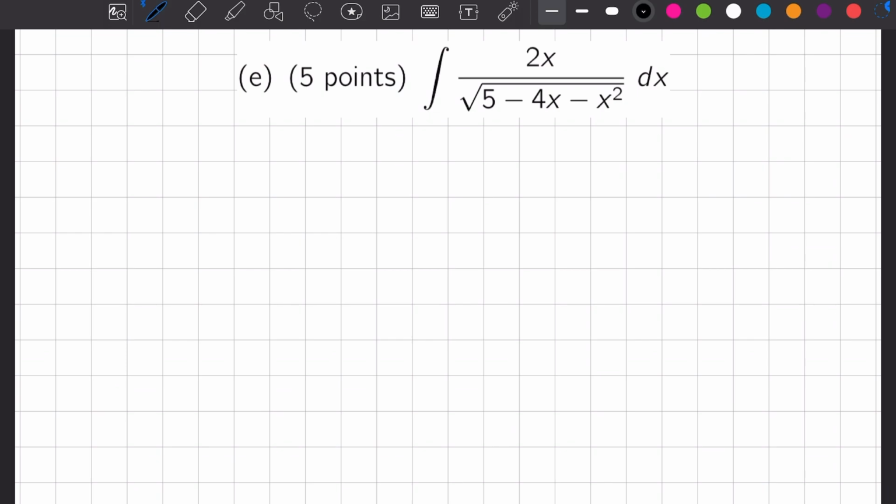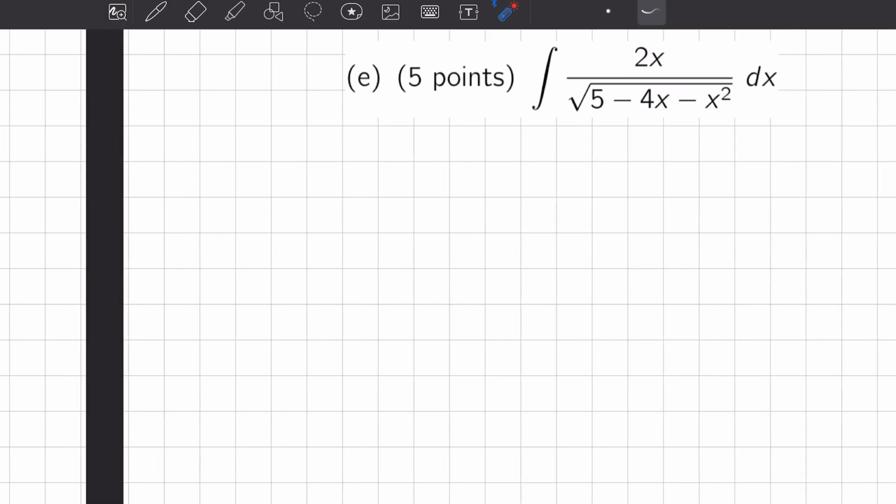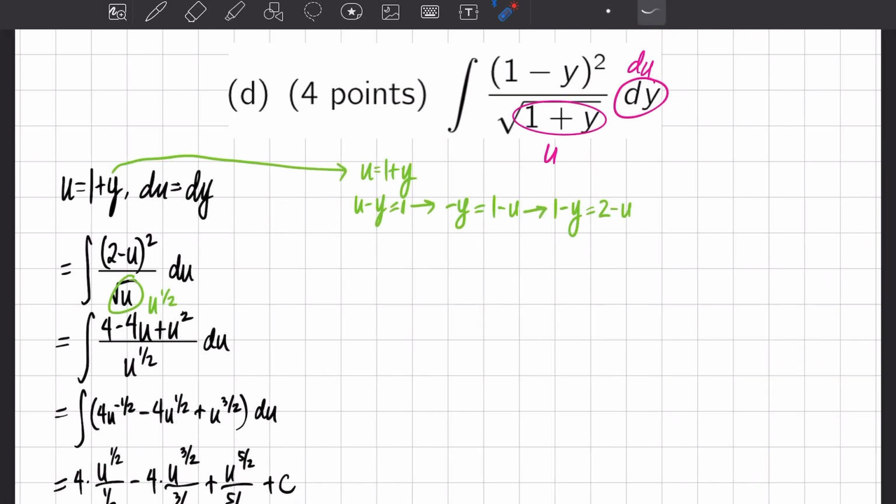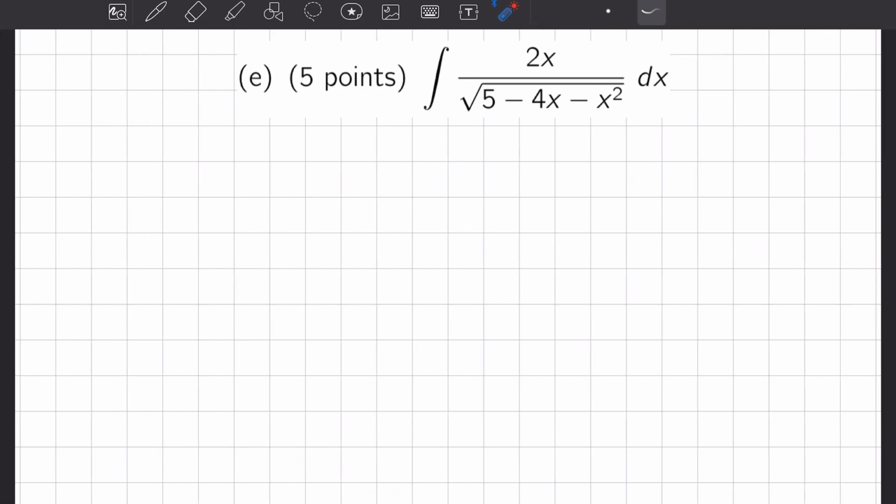This one right here, we have to integrate 2x all over the square root of 5 minus 4x minus x squared dx. As you can see from our problem here, what we tried to do is express the one inside the square root as u. So maybe it might work.